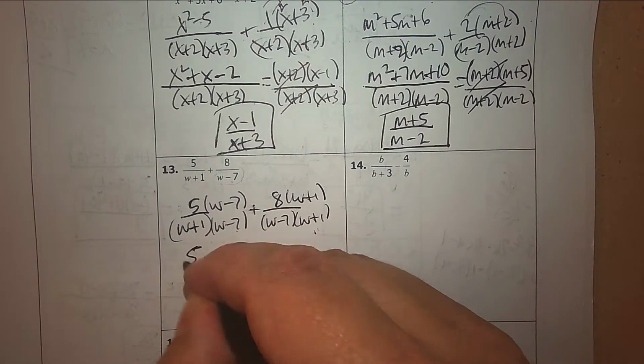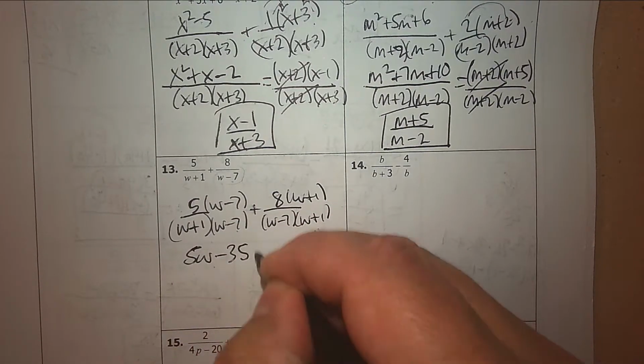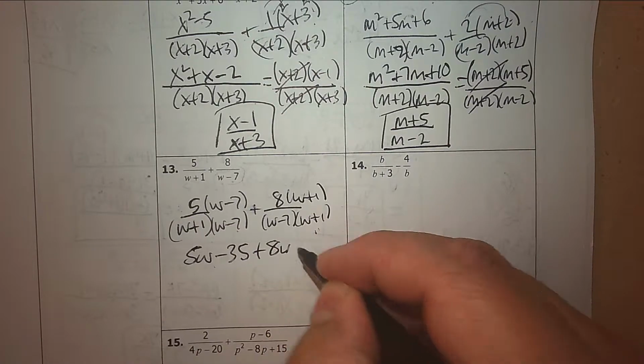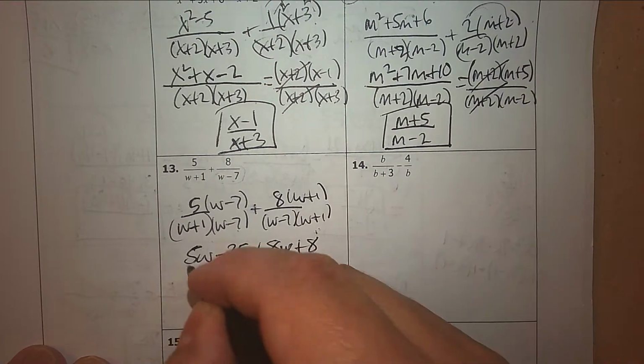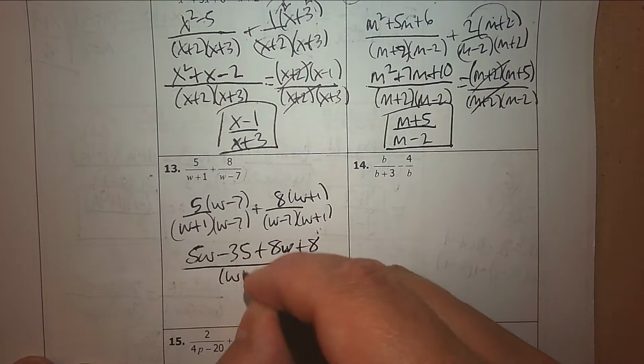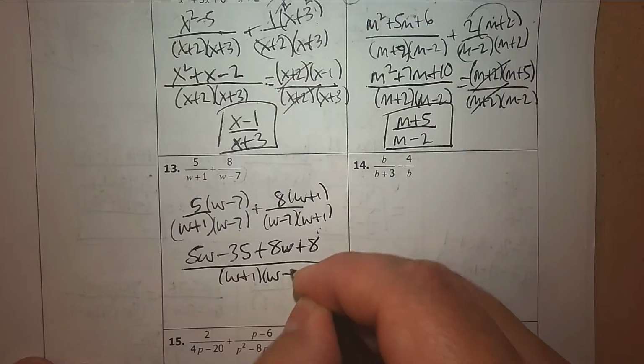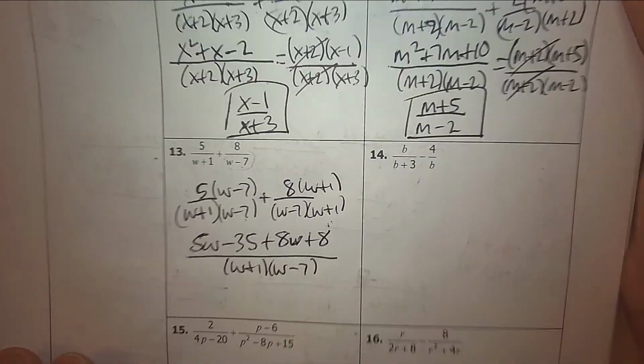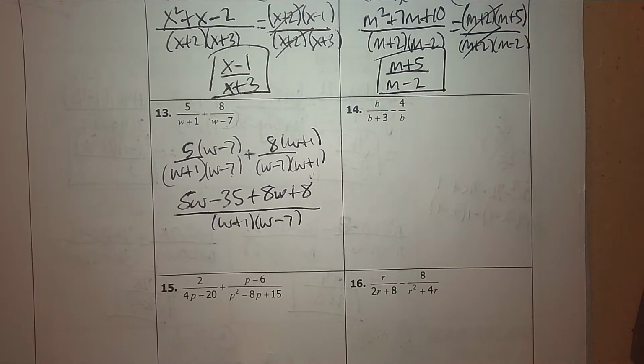So I have 5W take away 35. I have 8W plus 8. You're not going to make a mistake with distributing. That's my common denominator. Keep going. Can you combine like terms?